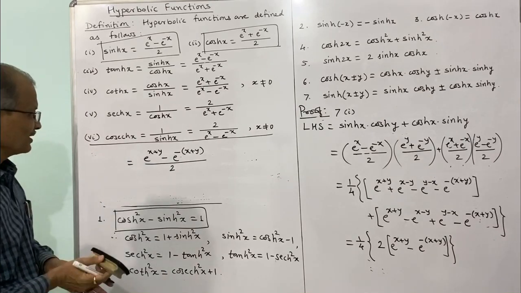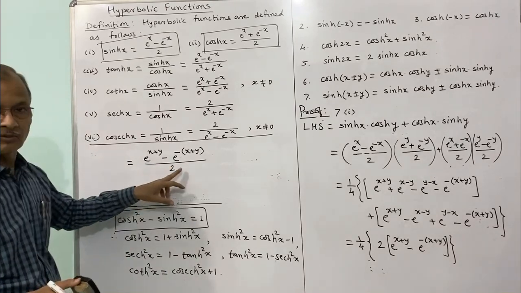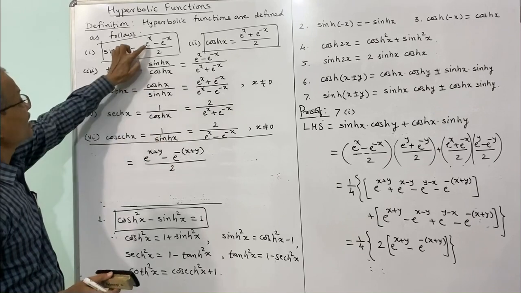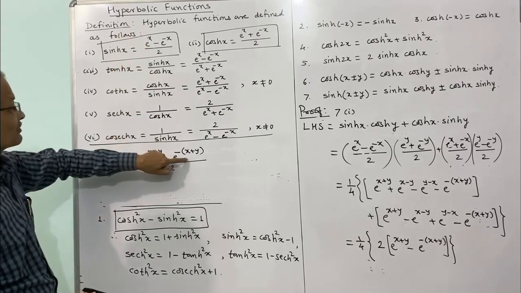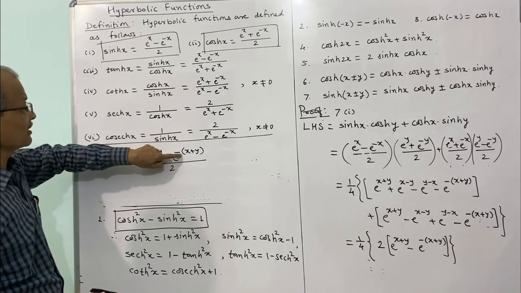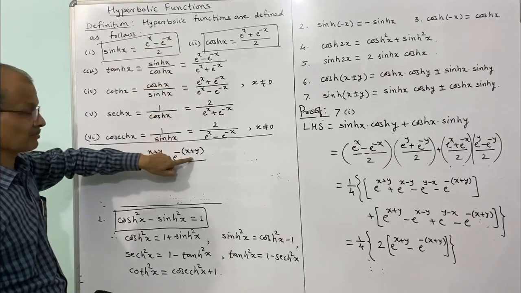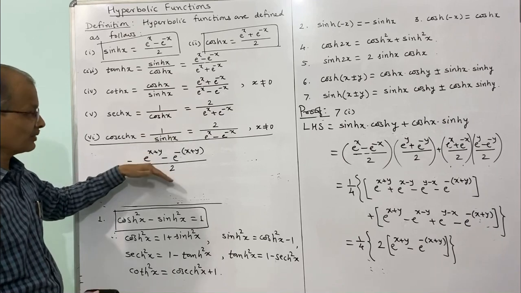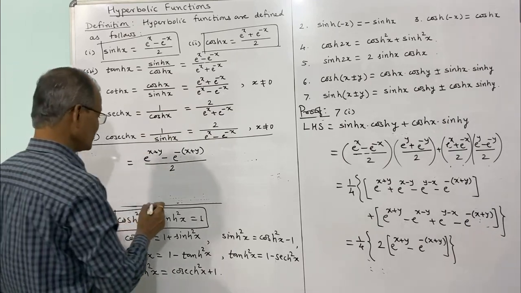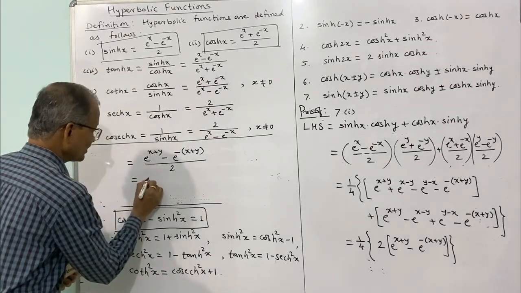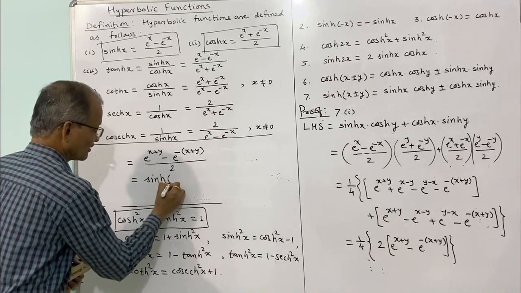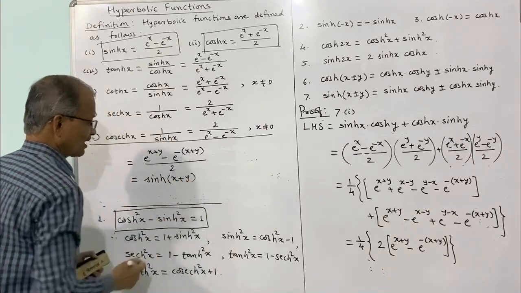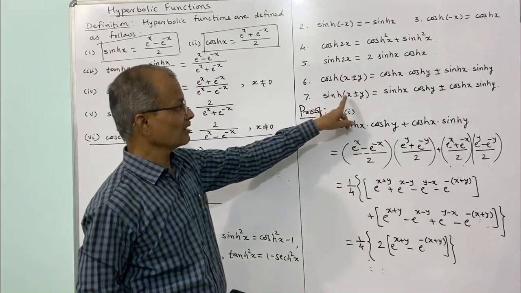This is exactly hyperbolic sine of x plus y. In place of x, here is x plus y. Negative sign is there, negative of, in place of x, x plus y. So you should compare the terms and write the function accordingly. So therefore this is hyperbolic sine of x plus y, and that is the left side.